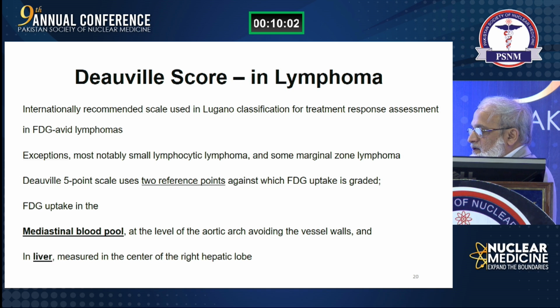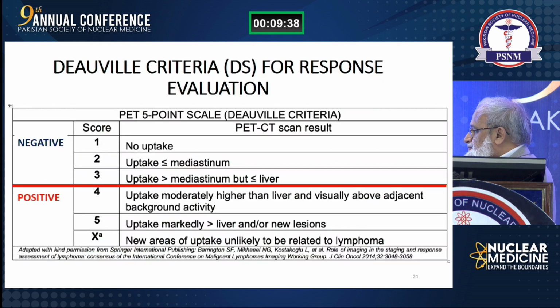Usually you draw it on the arch of the aorta, and we spare the aortic walls, and only the blood pool is measured. And the liver, somewhere in segment 6, 7, where no other disease is present, no other disturbance from the guts or from the kidneys. So there we draw these ROIs.